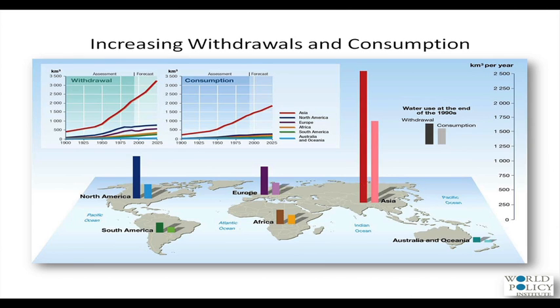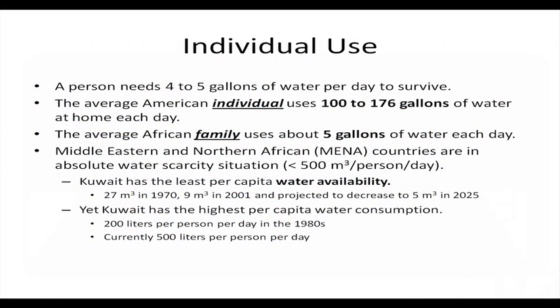That's in cubic kilometers per year, how much water is being withdrawn. Asia, because of its huge population, is taking out lots and lots of water, and there is a lot of loss of water in Asia too. Water demand in Asia is going up. We are using lots and lots of water, but still we are far behind what is being used in the developed countries.